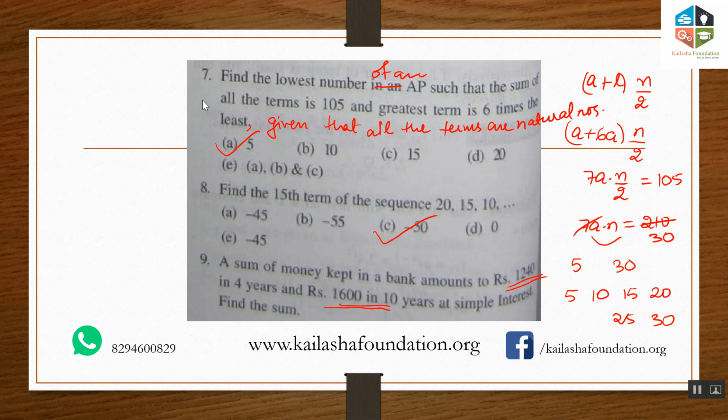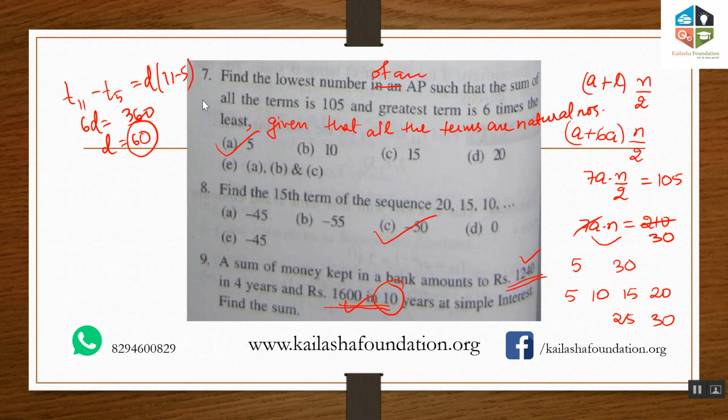And 10 years is T11. So T11 minus T5 is equal to D into 11 minus 5. Tm minus Tn is equal to D into m minus n. 6D is equal to 1600 minus 1240, that is 360. D is equal to 60, that is the simple interest of 1 year.